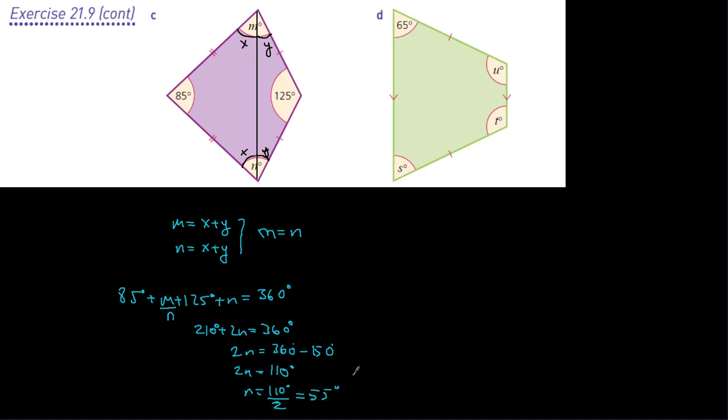It has to be. And this is the last question. Here, by the way, m is equal to n, so I didn't mention n is also here 55 degree.